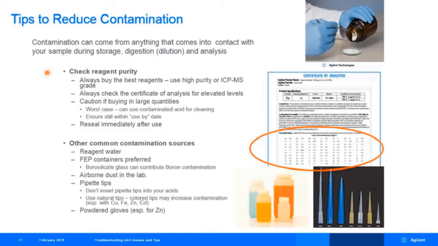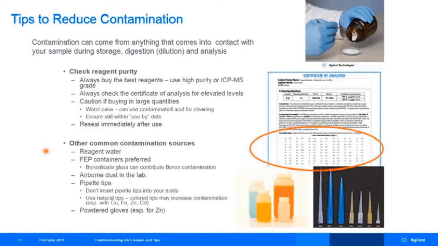Always use the best reagents that you can and check the certificate of analysis for those reagents to look at the level of impurities that might be present, to see whether or not that will cause a problem with your particular analysis. It can vary from one batch to the next. So of course you want to focus on what is the level of potential contaminants in the sample. Checking the certificate of analysis will certainly enable you to highlight if there are any elements there that could potentially cause a problem for your application.